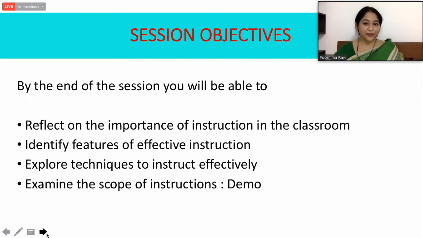The objectives for this session: we will reflect on the importance of instruction in the classroom. We'll identify features of effective instruction. We'll explore a few techniques to instruct a lot more meaningfully. And we'll examine this through a wonderful demonstration, which will be presented by Rachana garu towards the end of the session.